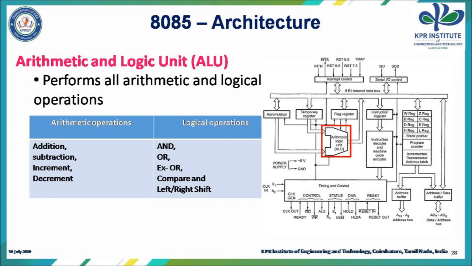In the 8085 microprocessor, there is no specific multiplication and division operation, but multiplication is done by repeated addition and division is done by repeated subtraction.